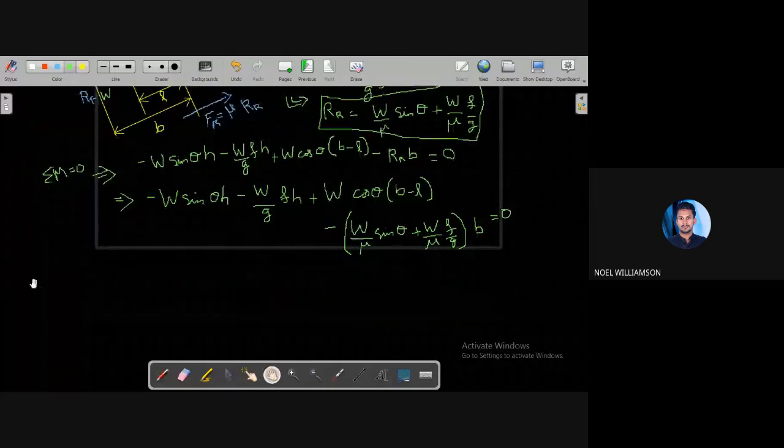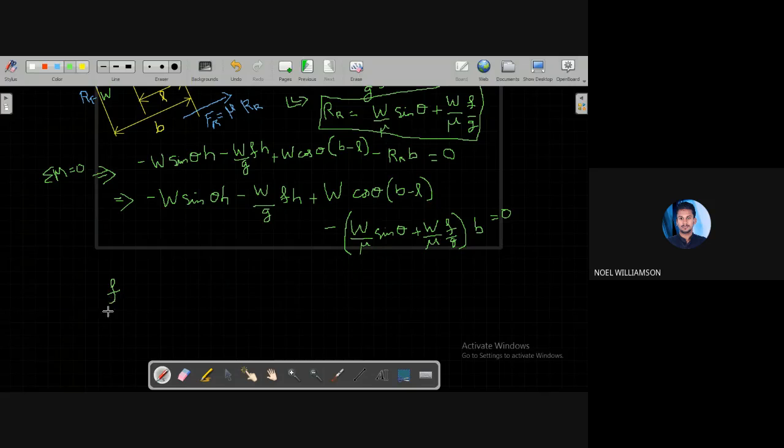From here, we will take the value of f by g by cancelling W and so on. After factorization, we get the final relation as f by g equal to mu into (b minus l) cos theta, divided by (b plus mu h), minus sin theta.